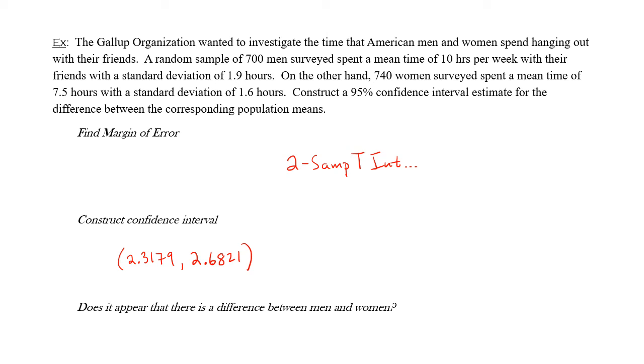But with this confidence interval, let's try and make a claim. What we've shown here is that the difference between mu1 and mu2 is going to be somewhere between 2.3179 on the lower end and 2.6821 on the upper end. So does it appear that there's a difference between men and women? Well, certainly, because the difference between mu1 and mu2 is always going to be a positive value.